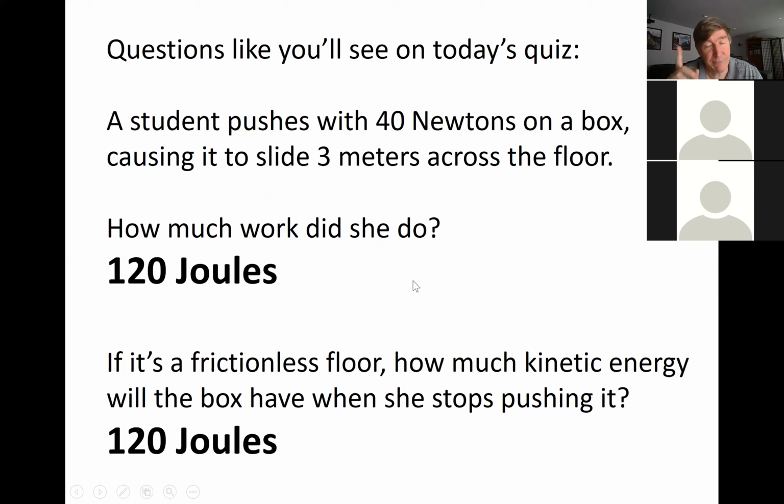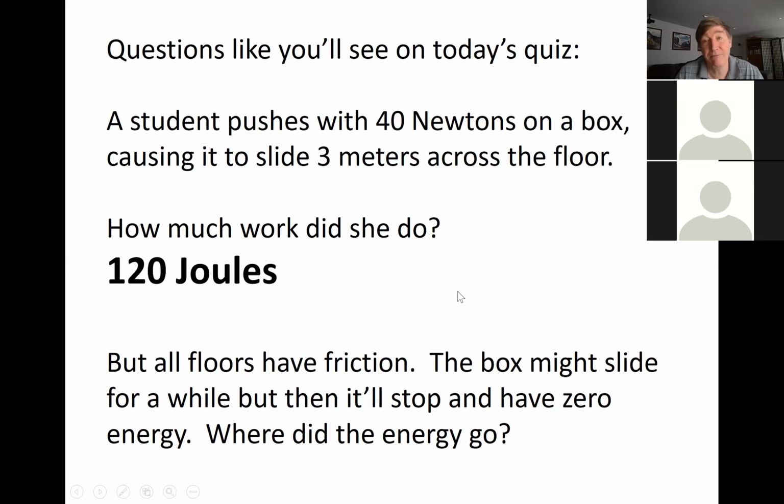That's assuming there's no friction. Friction messes things up. We're going to talk about friction in just a sec. In fact, let's do it right now. If the floor is not perfectly frictionless, then as soon as I stop pushing, at that brief instant in time, it has 120 joules, but it's eventually going to come to a stop because friction is going to stop it. So where did the energy go? David is saying that it went into heat.